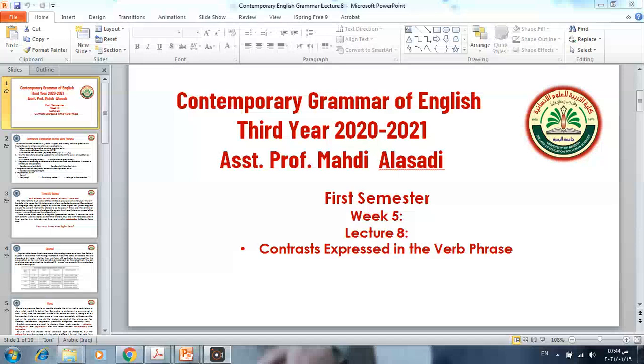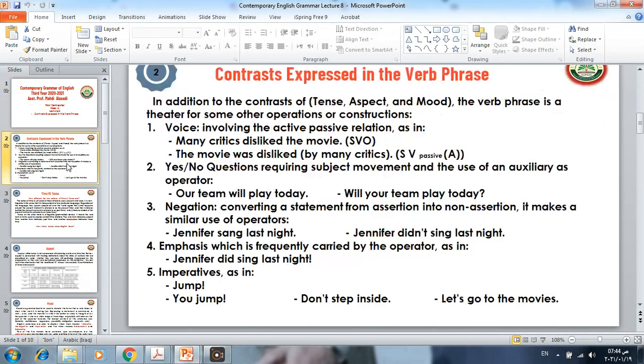In today's lecture, lecture number 8, we're going to speak about the contrasts that are expressed in the verb phrase. In addition to the contrasts of tense, aspect, and mood, which we are going to speak about shortly, the verb phrase is a theater, a battlefield for some other operations or constructions.